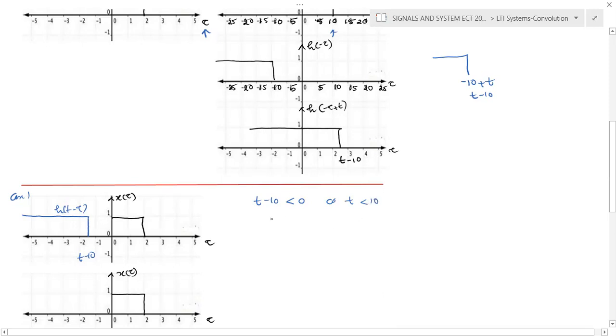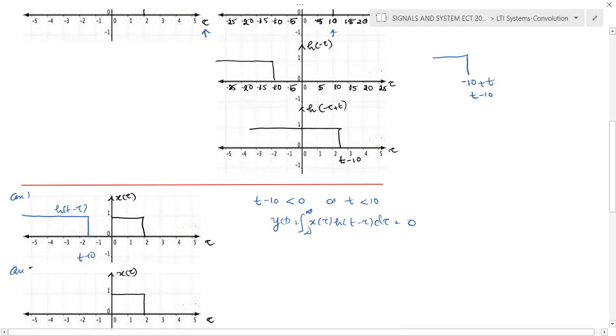For this particular limit, if you write the y of t equation, integral from minus infinity to infinity, x of tau into h of t minus tau d tau, you will get 0, because x of tau starts from 0 onwards. In this particular case, t minus 10 is less than 0, so there is no overlapping area.